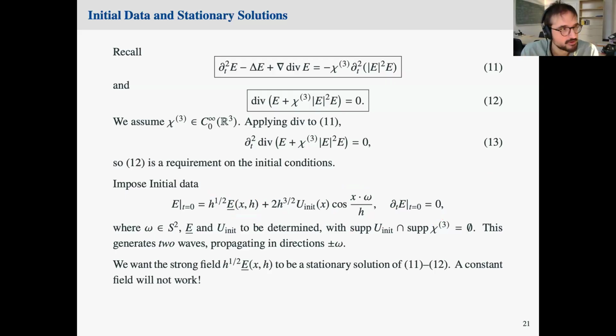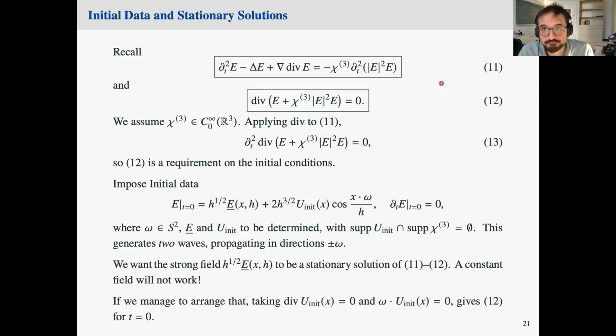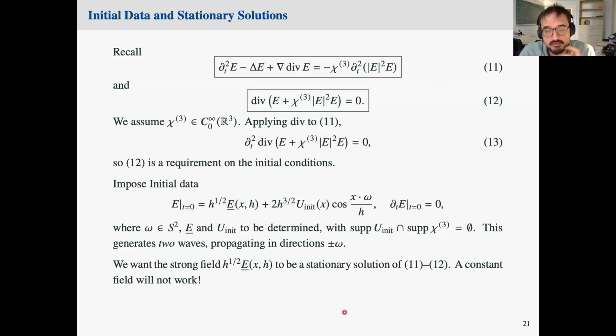Now, the difficulty compared to what was going on before was that before, 0 was a solution of the Westervelt equation, and now it's not. Here, the constant is not a solution.